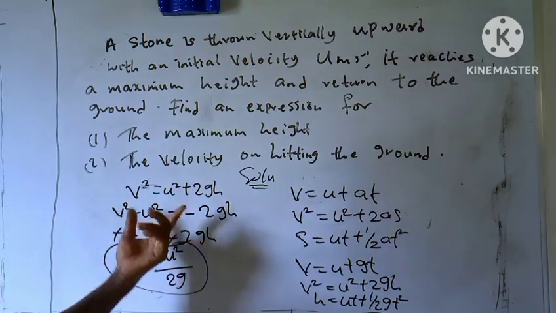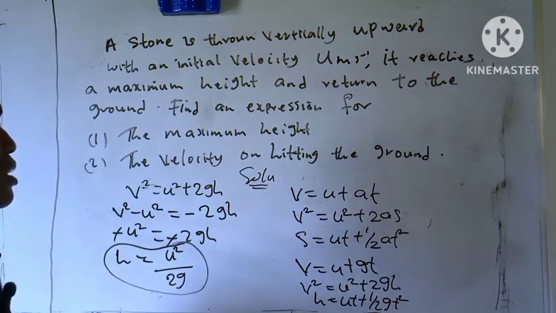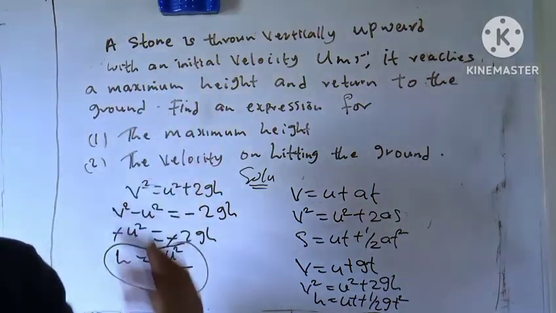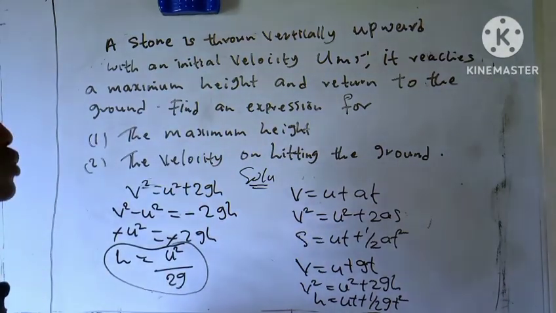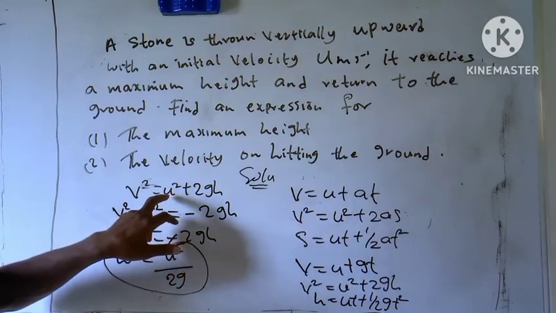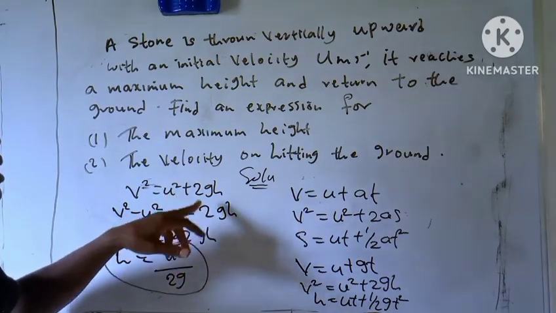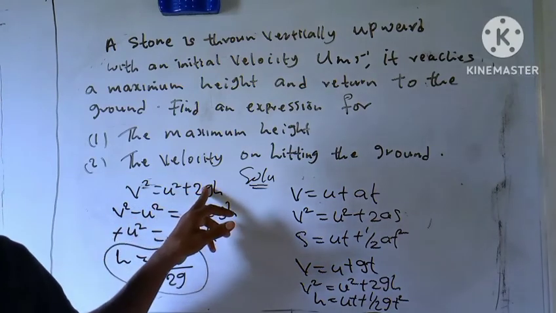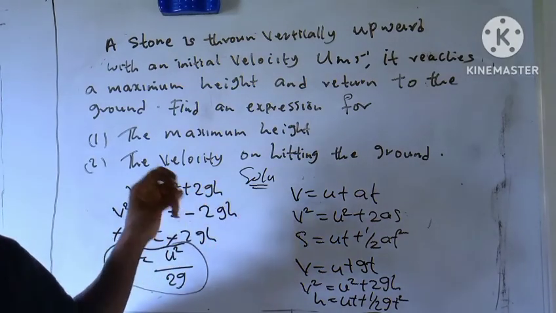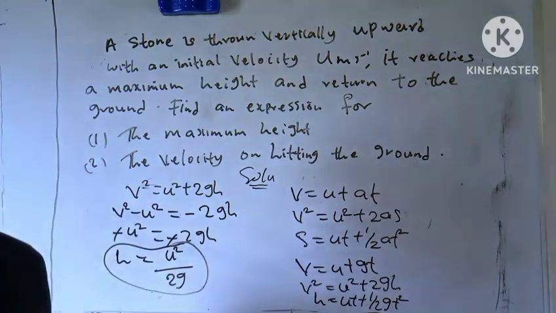Okay, so let's calculate the second one: the velocity on hitting the ground, meaning the object is coming from up, is coming downward. So take note of this. I said if the object is coming downward, meaning the initial velocity is what? Is zero, right? And also the g is what? Positive, because the object is coming in line with the gravitational force.